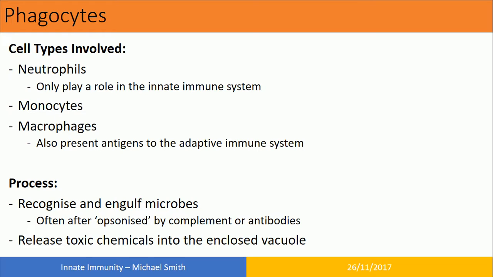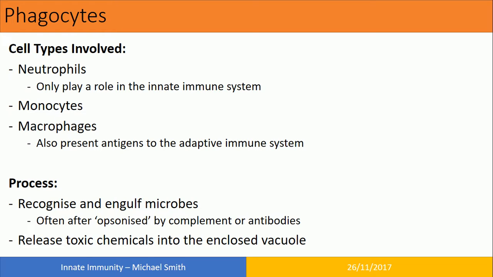Whereas our monocytes and our macrophages are also able to present the antigens of the cells that they've phagocytosed, and that can help activate the adaptive immune system. So you can sort of think of that as once they've broken down the pathogen, they then pick up its flag and wave it to tell everyone that they've defeated it, and then the others know that that army is attacking them.